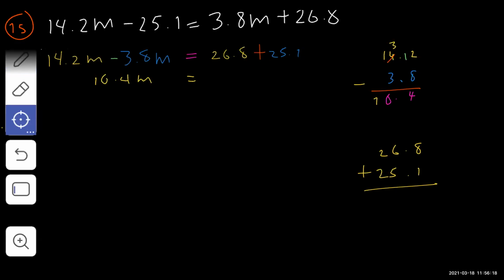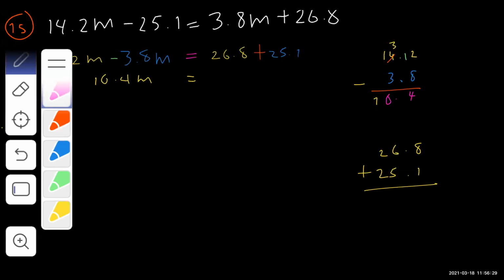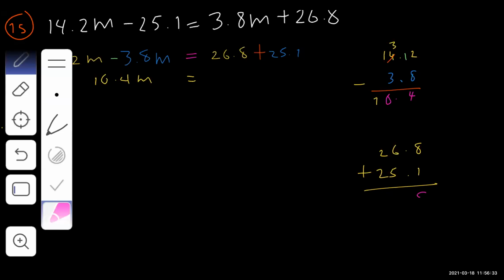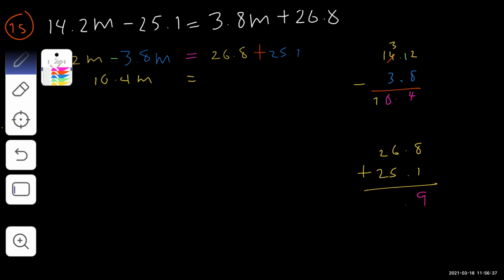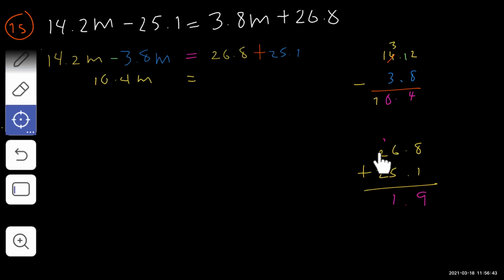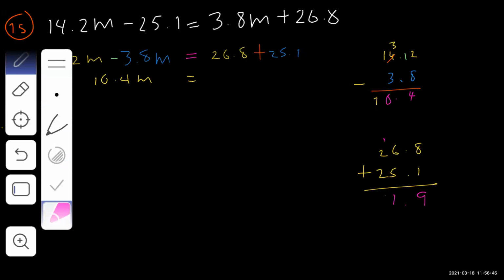I'm gonna give you 1 minute to do that. 8 plus 1 is 9. I get the point down. And this one, 6 plus 5 is 11. I got 1 unit up. And 1 plus 2 is 3, 3 plus 2 is 5. 51.9, correct.